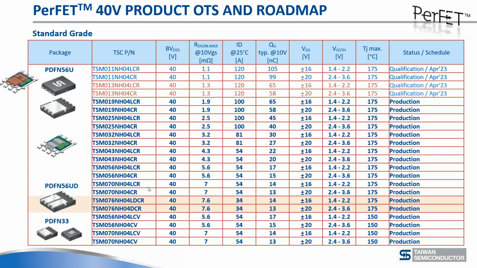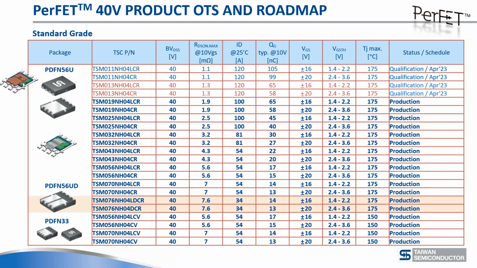If there's one thing we want you to remember from this webinar, it is that when you see everything in production here, the 1.9 here uses something called aluminum ribbon wire bonding. This is a way of attaching the gate, source and everything to the die.